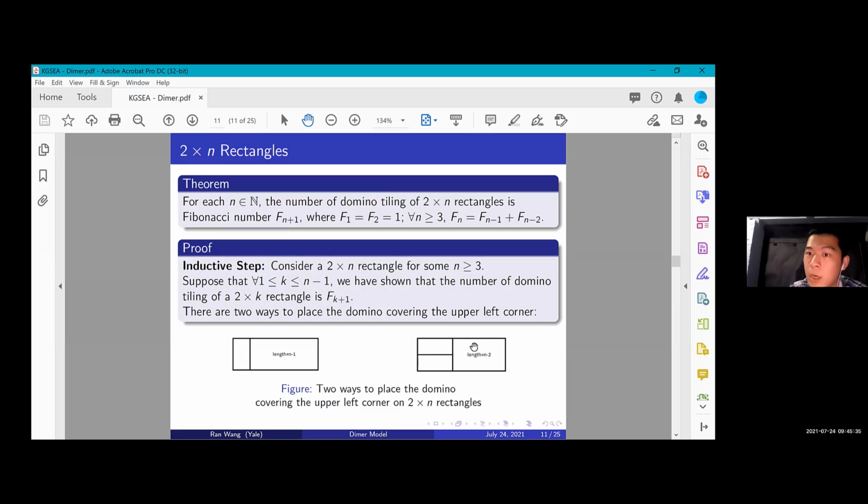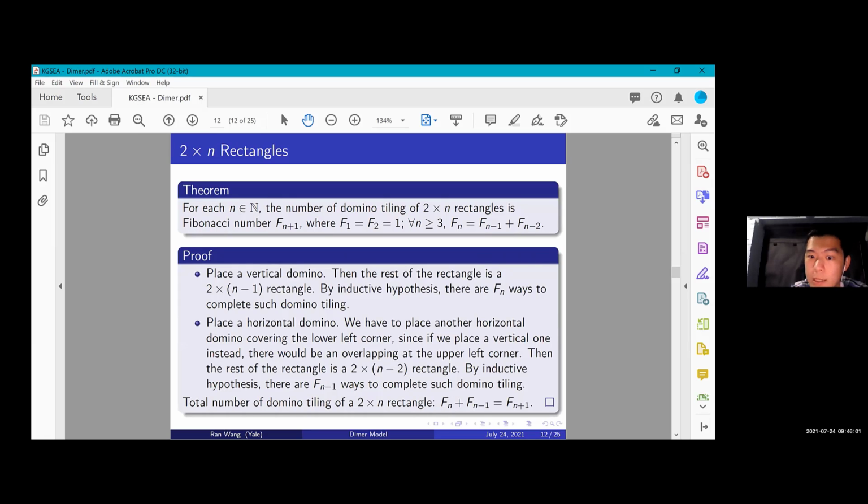Based on our assumption again, how many domino tilings can we tile that 2 times n-2 rectangle with? Does someone have a guess?